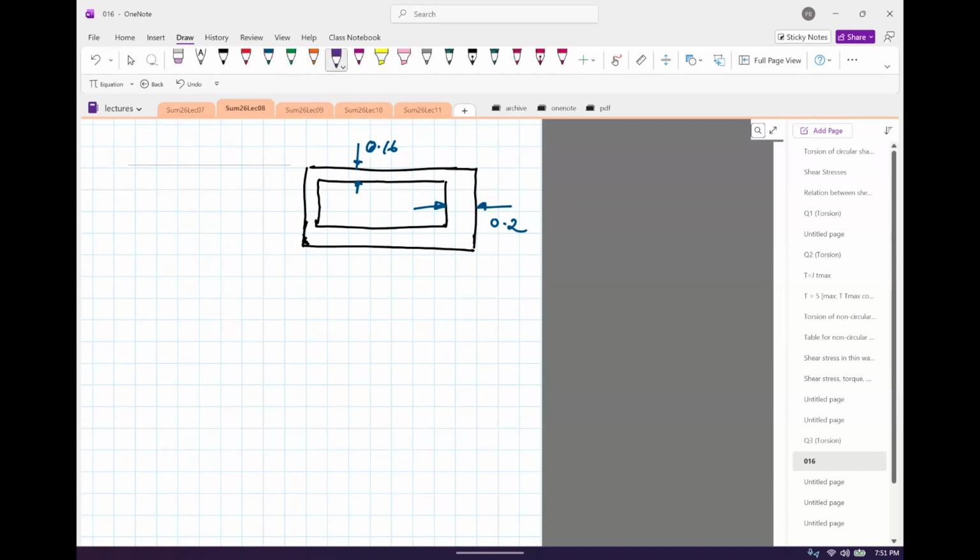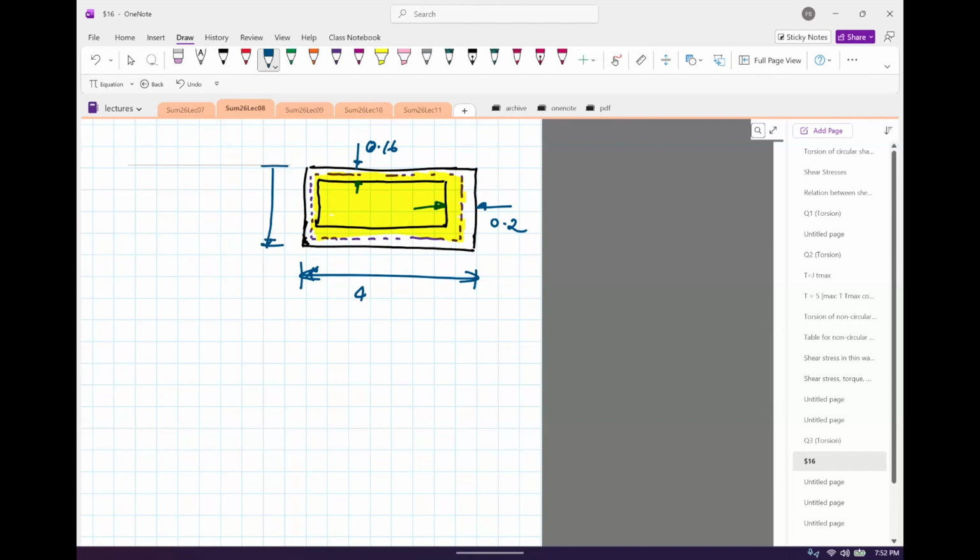And then we'll draw the median line like before. Okay, and we need to compute this area. We know this is 4 and this is 2.5.